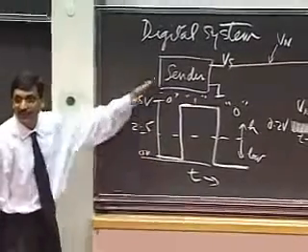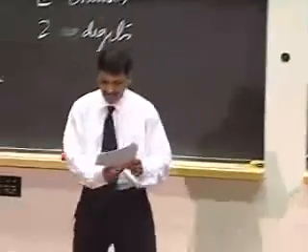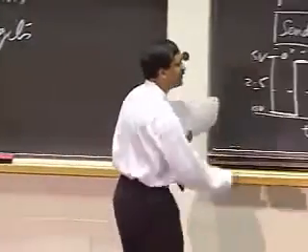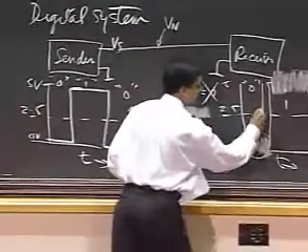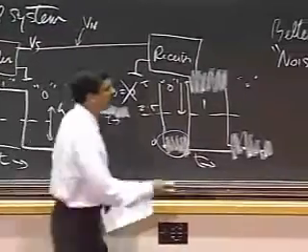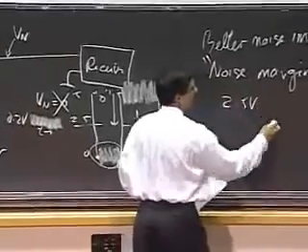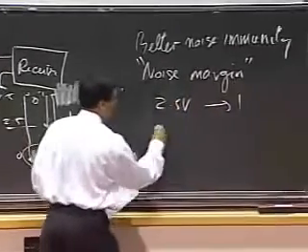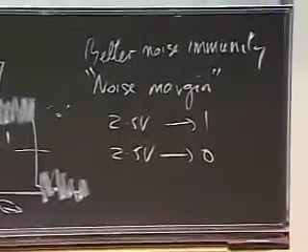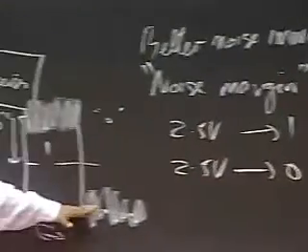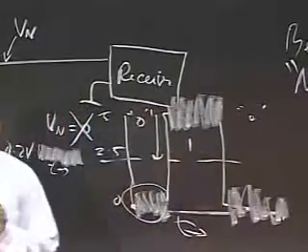Similarly, 0 could go all the way up to 2.5 and I'd still be okay. So in this case, I have a noise margin of 2.5 volts for a 1, and similarly 2.5 volts for a 0, because there's 2.5 volts between a 0 volt and 2.5.